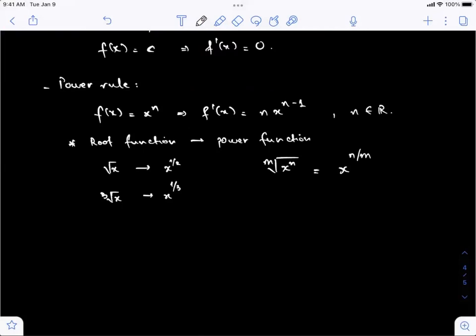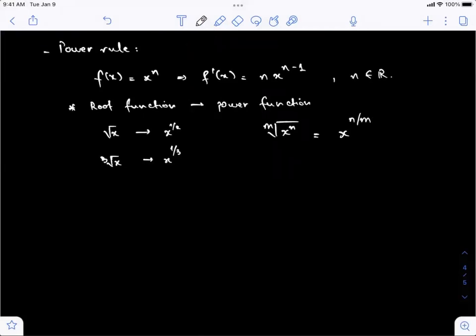This is called a rational exponent. Or you can have a reciprocal function of the form 1 over square root of x, which you can turn into x to the power negative 1/2. Again, doing this allows you to find the derivative of the functions a lot easier and a lot faster.